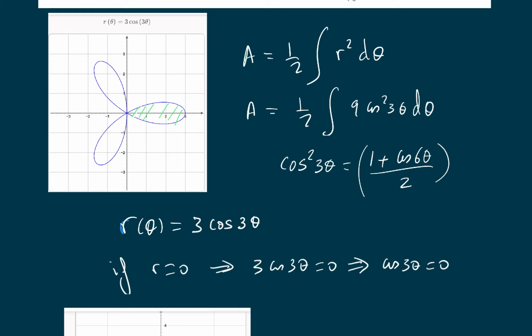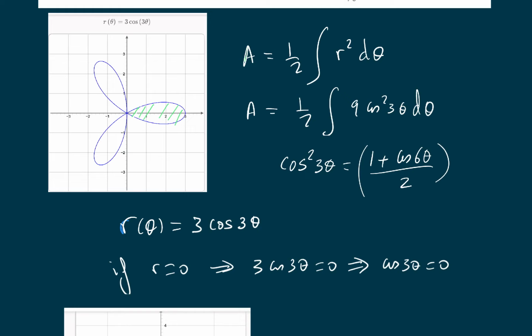To help you find the theta for which cosine of 3 theta is equal to 0, we represent the function cosine of 3 theta. Remember, cosine of theta is a function that oscillates one time over the interval from 0 to 2 pi, while cosine of 3 theta is the function that will oscillate 3 times in the interval from 0 to 2 pi.